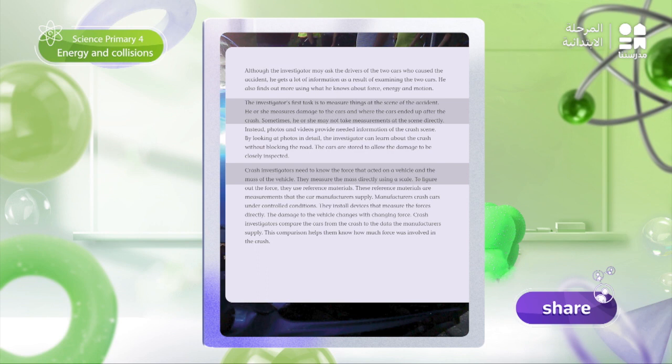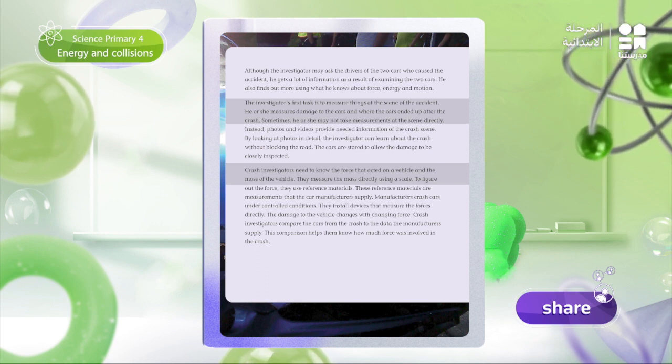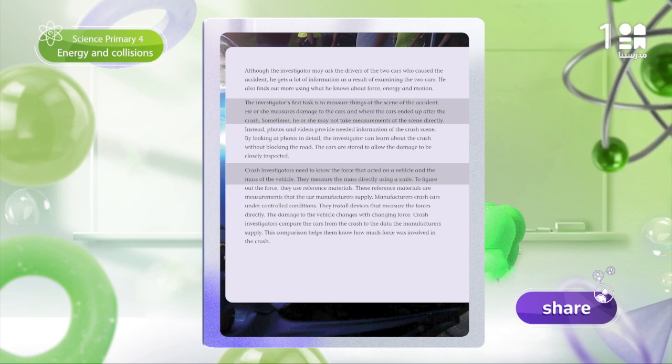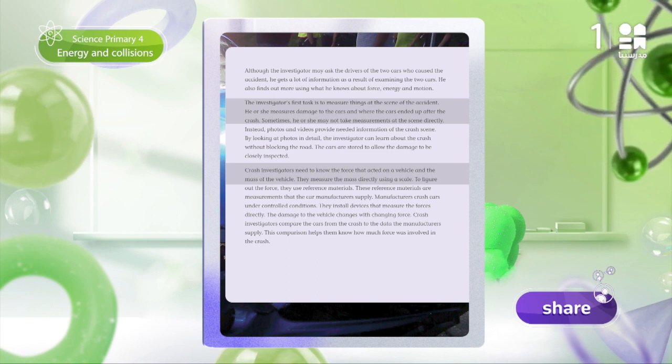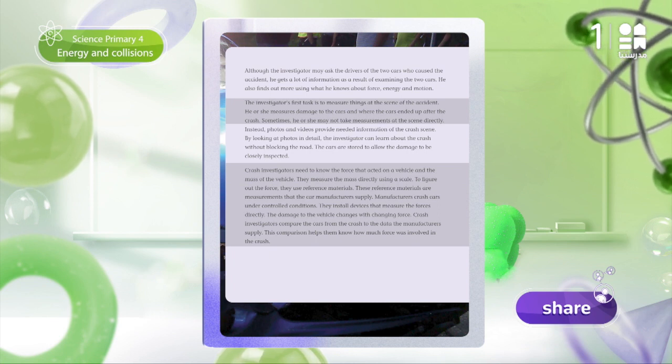This comparison helped them know how much force was involved in the crash. The data of the manufacturer means the data we get from the company that made the car.